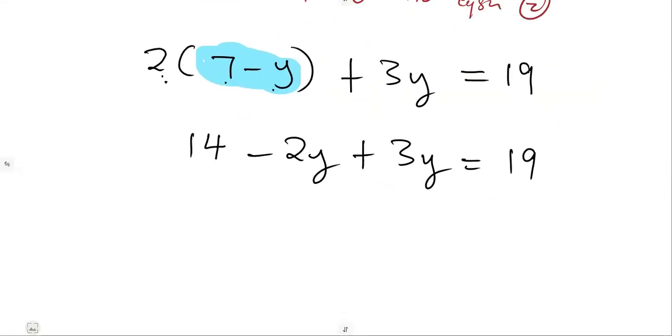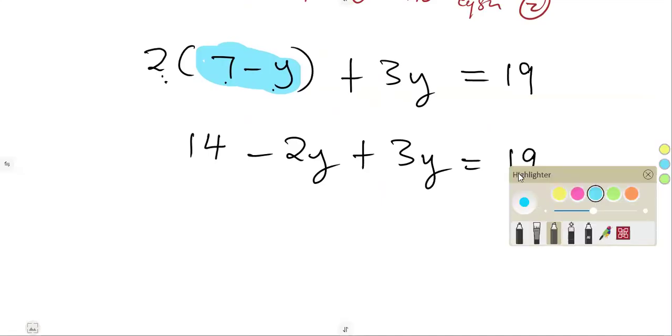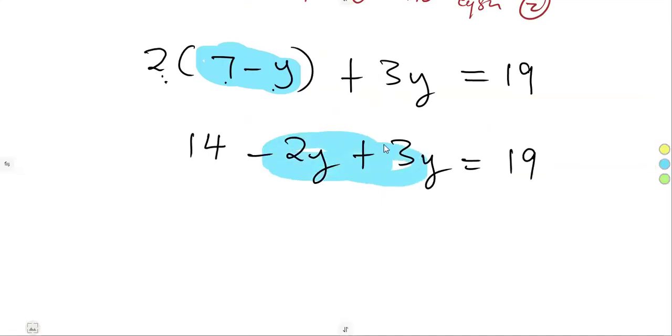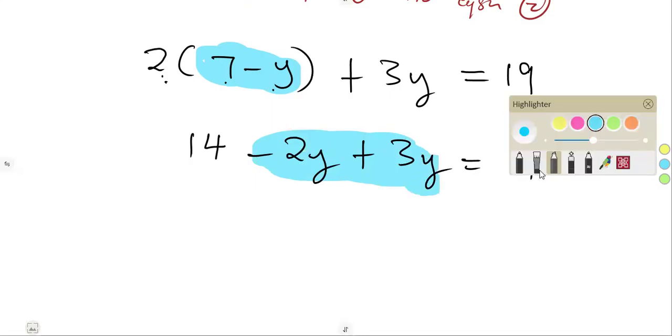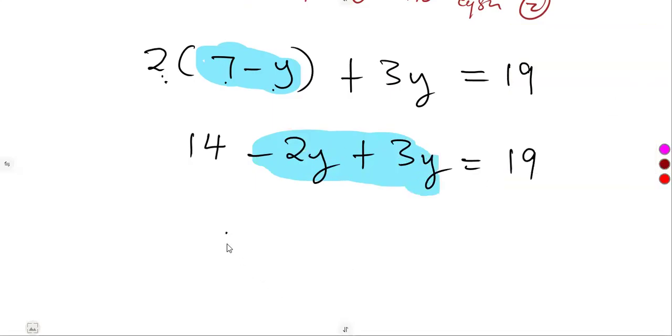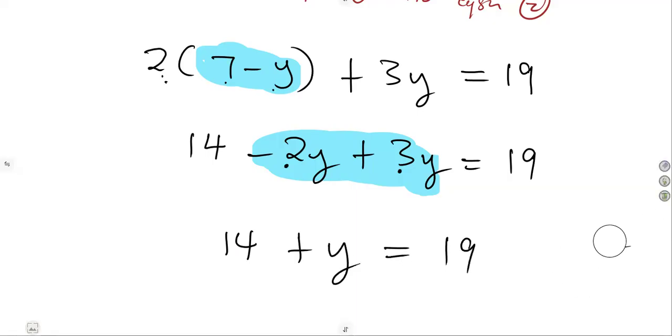There is y and y on the left-hand side, so these can be combined: 14 minus 2 plus 3. That's 1, so that's 1y, which is the same as y, is equal to 19 on the right-hand side.